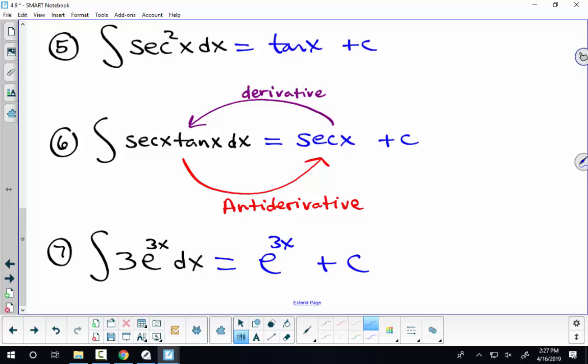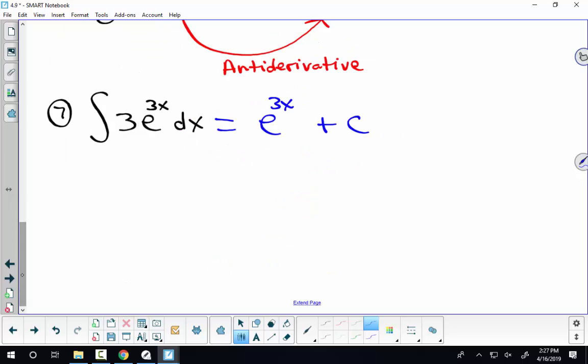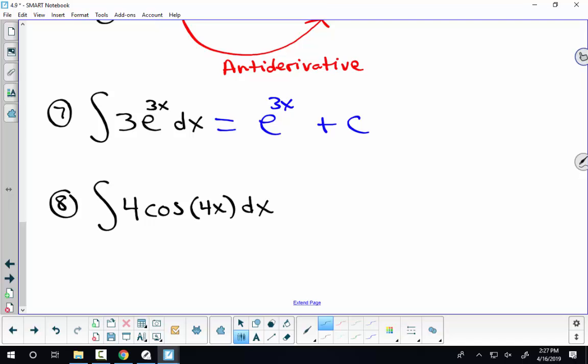The antiderivative is e to the 3x. Okay, so what's the antiderivative of 4 cosine of 4x with respect to x? Wouldn't it just be sine of 4x? Is it sine of 4x?